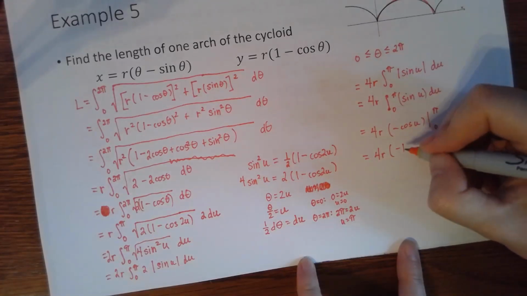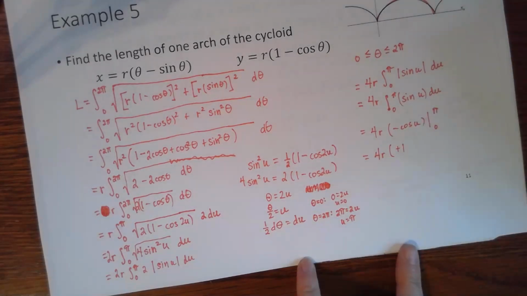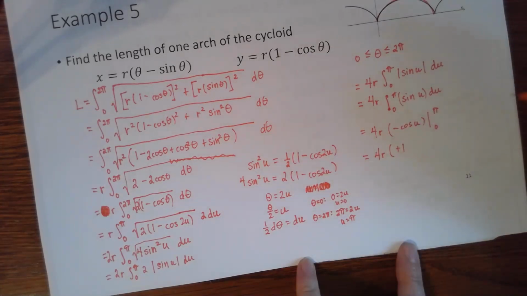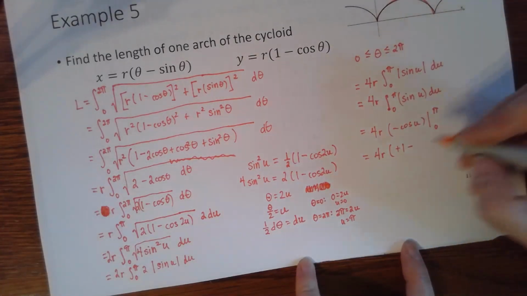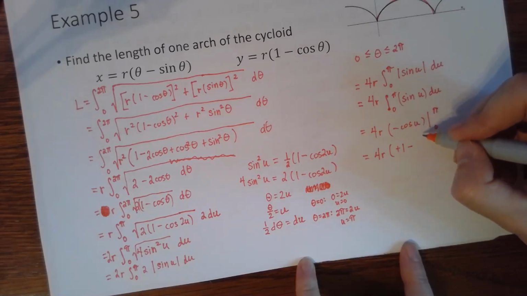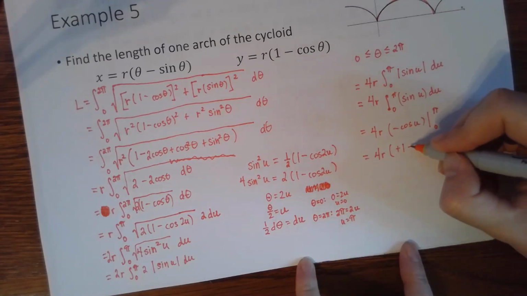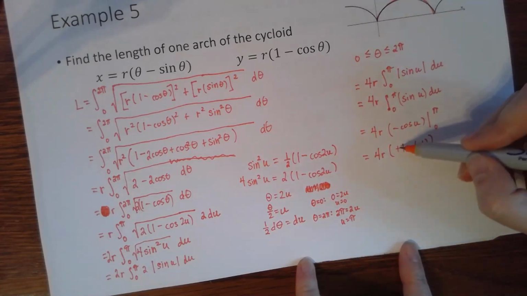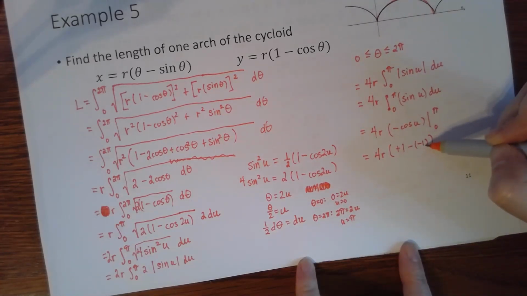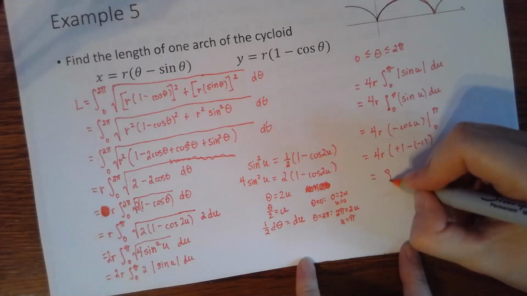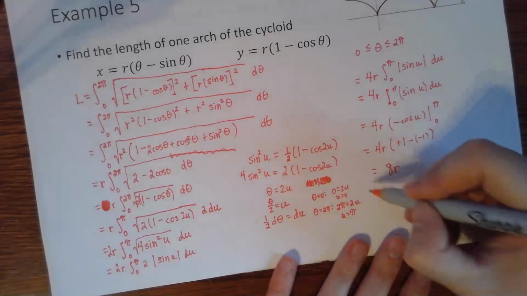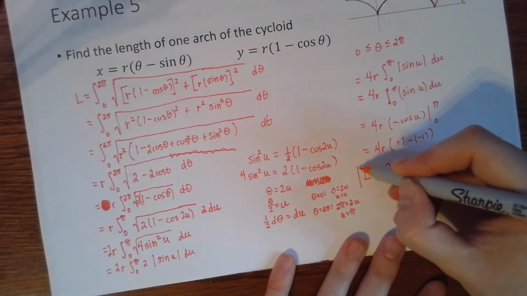Cosine of pi is negative 1, so negative cosine of pi is positive 1, and then minus the negative cosine of 0. The cosine of 0 is 1, so that's minus negative 1. So I've got 1 plus 1 is 2. 2 times 4 is 8. That's 8r, and that is the arc length.